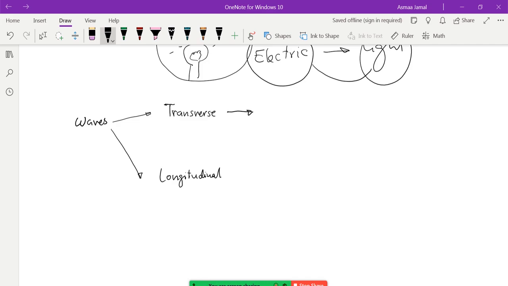In transverse, the particles move perpendicular to the wave direction. While in longitudinal, the particles move parallel to the wave direction.